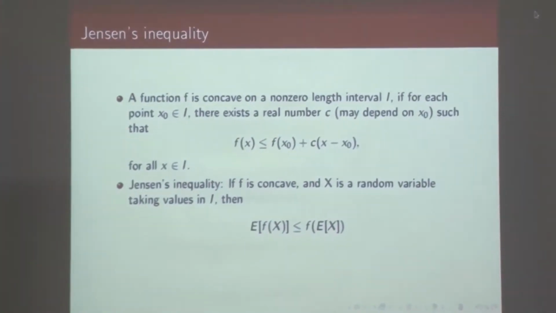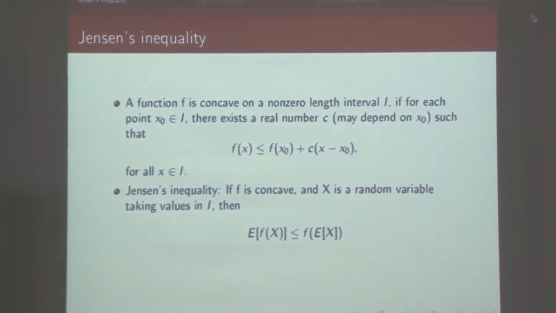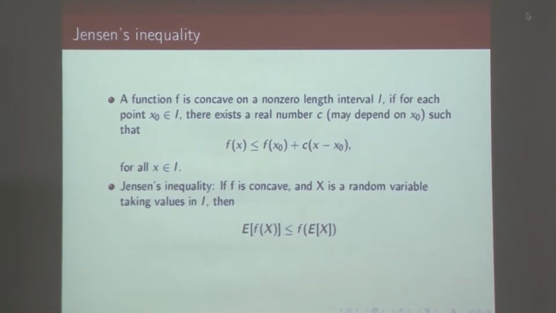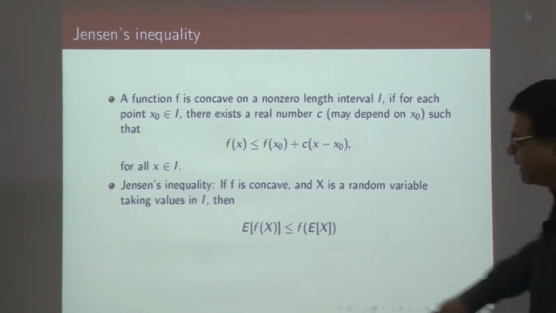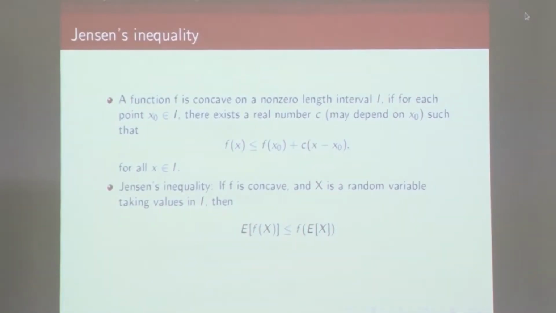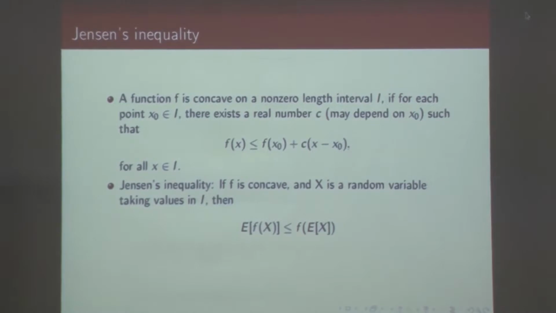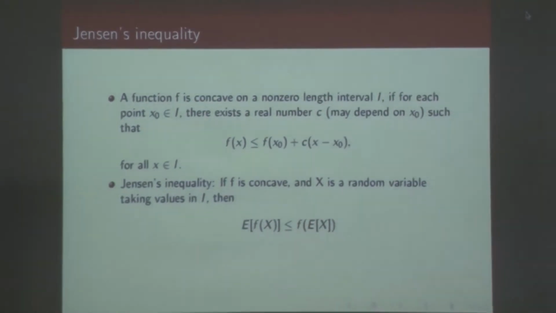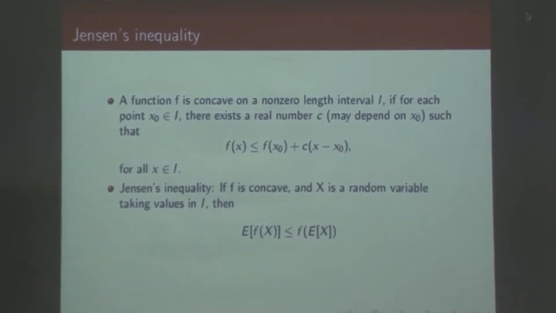Jensen's inequality says if a function is concave and if x is a random variable taking values in I, over the interval over which it is concave, then the expected value of the function will be less than or equal to the function of the expected value. Similarly, we could define when a function is convex, in that case this will be a greater than or equal to sign.